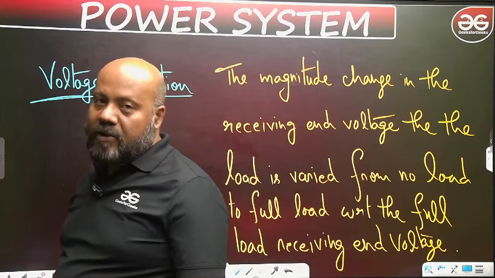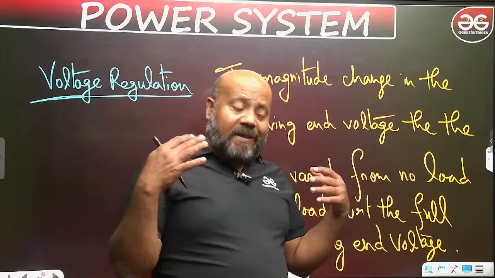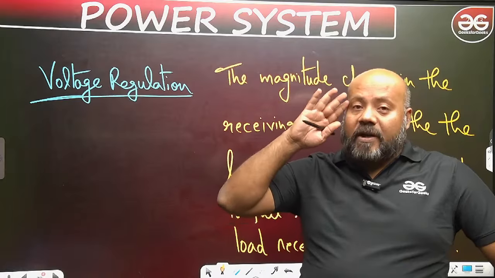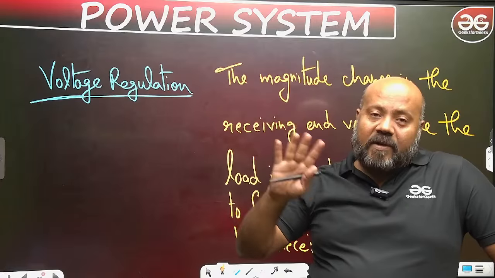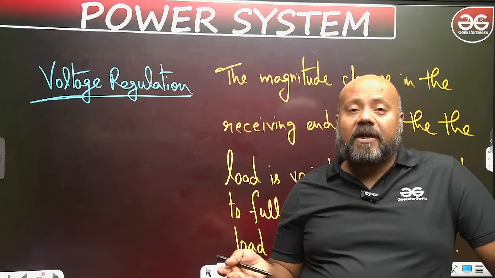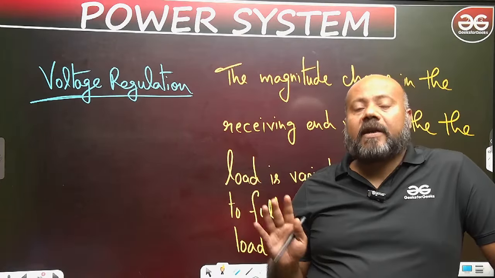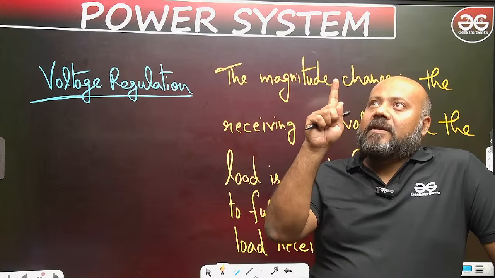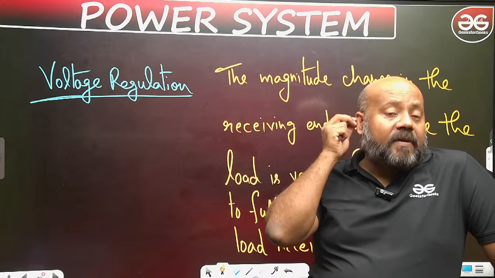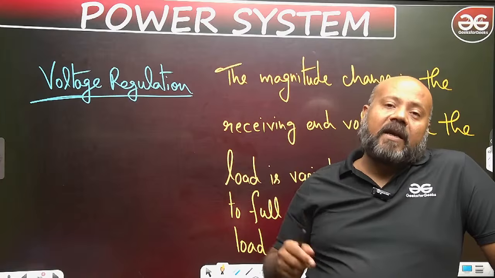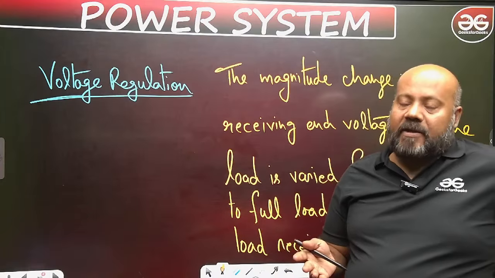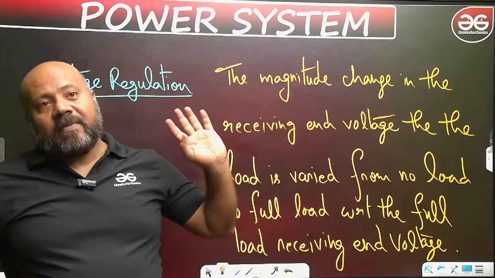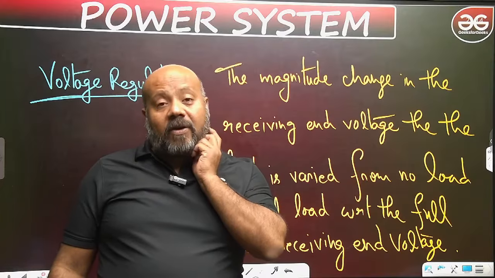Very important definition. See, a general layman does not have any idea about transformers, power systems, generators, or any fault or anything else. He simply checks his light or other electrical equipment and just checks whether the voltage level is coming correctly or not.